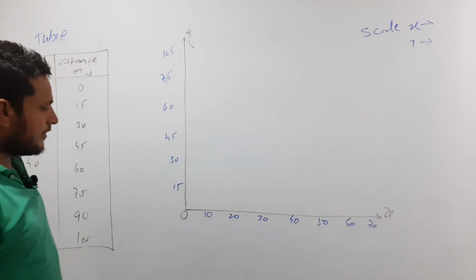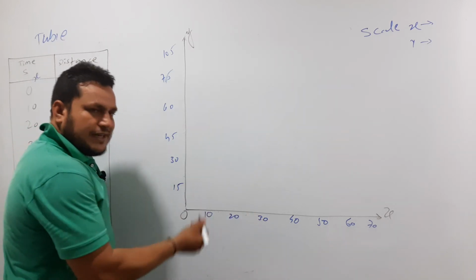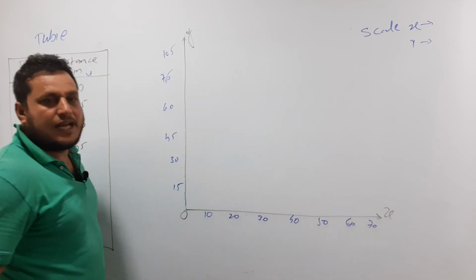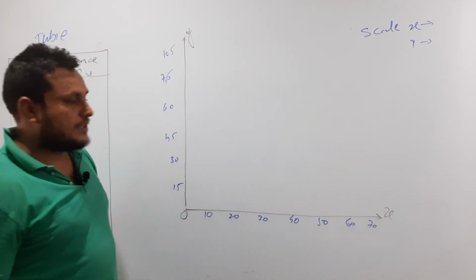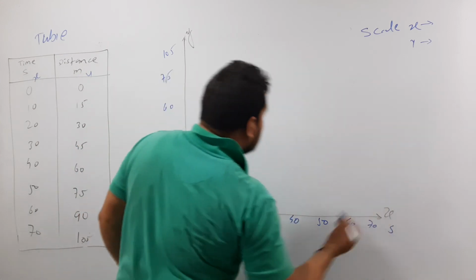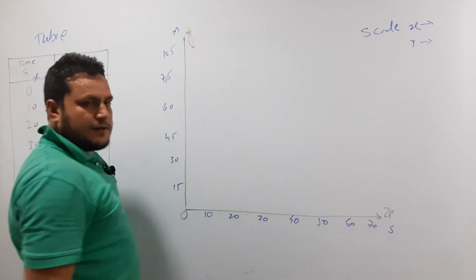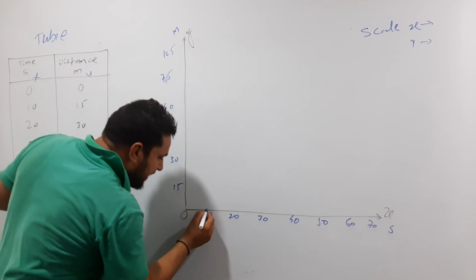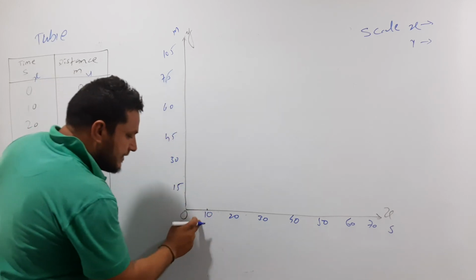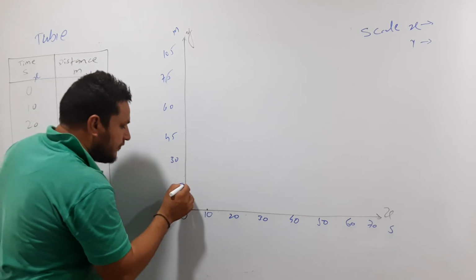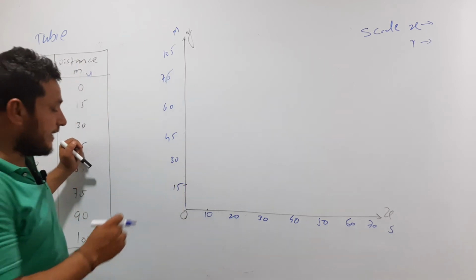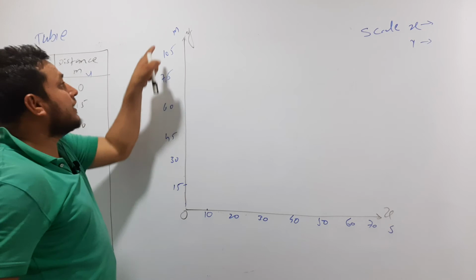Just pick one element from the x-axis and find its equal coordinate on the y-axis. Suppose this is our seconds and this is our meters. Here 1 centimeter is for 10 seconds with respect to the x-axis, and on the y-axis 1 centimeter takes 15 meter distance.